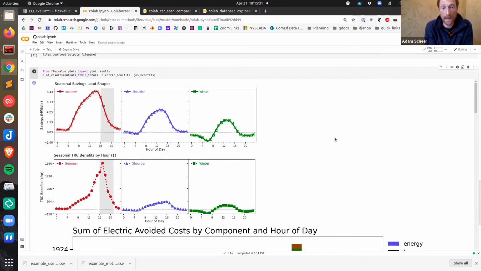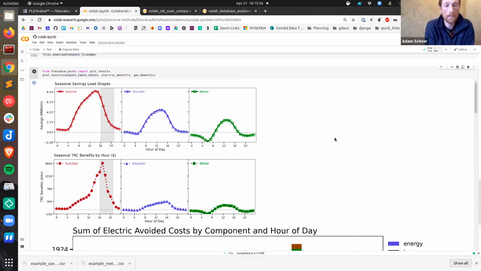So if you have 10, 20, 30 measures or programs that are incorporated into a FLEXvalue scan, then this is the weighted average load shape, or it might be just the total load shape. I'm sorry, it's like the total average daily load shape corresponding to the summation of all of those rows that are in your input file.